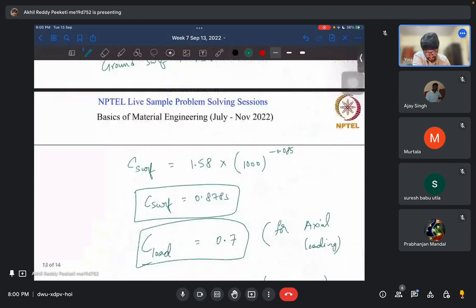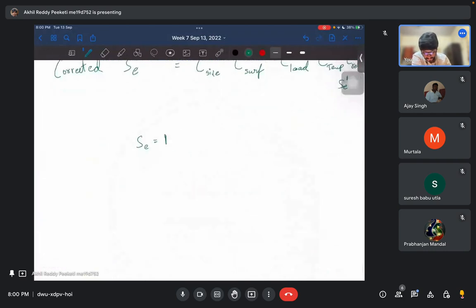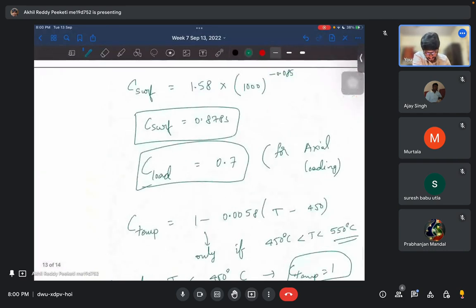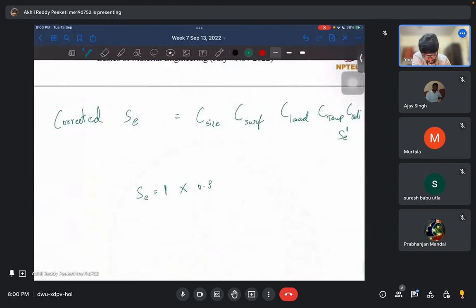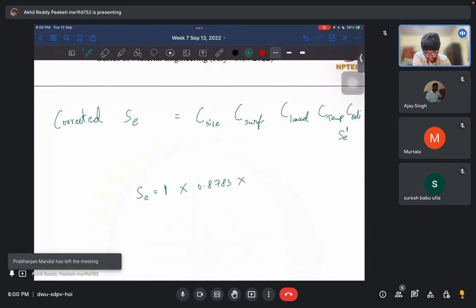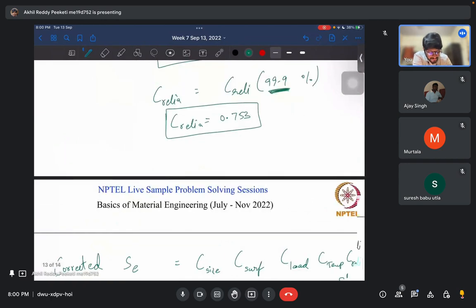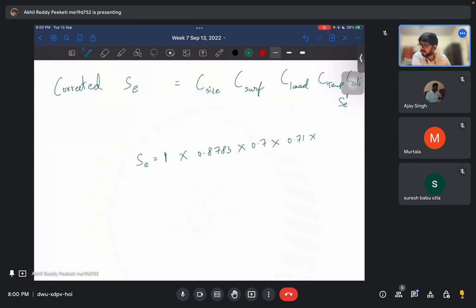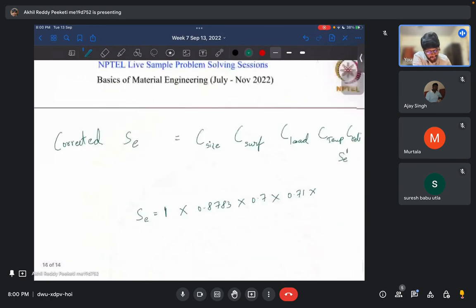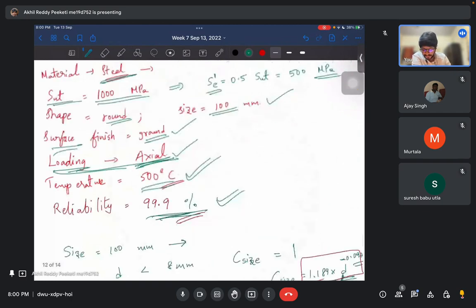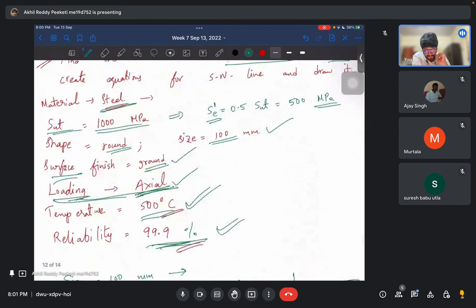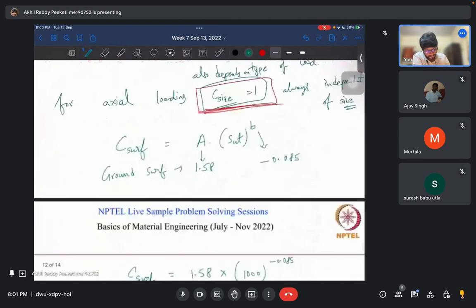We got 1 because it's axial loading. Surface 0.8783, loading 0.7, temperature 0.71, and reliability 0.753, into the uncorrected endurance limit, which is 0.5 SUT, and SUT is less than 1400, so it's just 0.5 SUT, 500 MPa. Right?